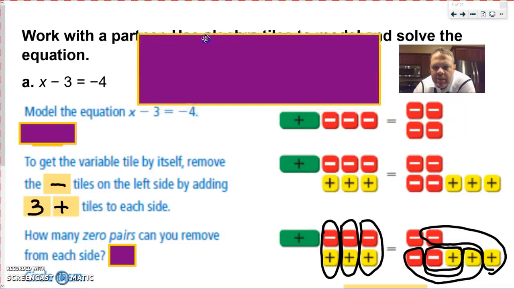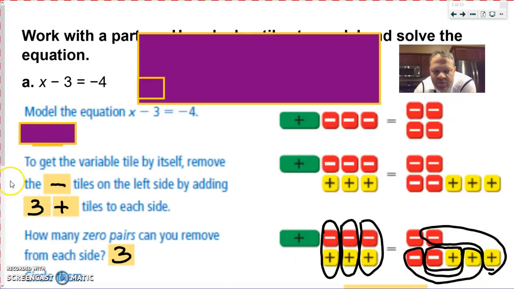Because of that, I now have 3 zero pairs. Here is a zero pair because 1 plus negative 1 is 0. Same here, same here. So that equals 0. I have 3 pairs there, 1, 2, and 3.